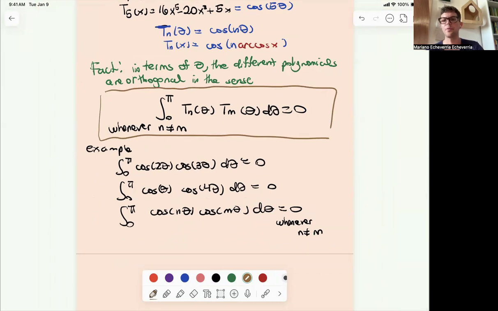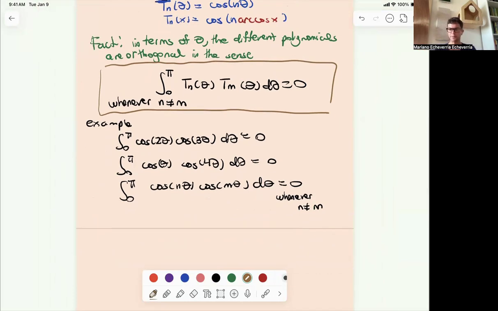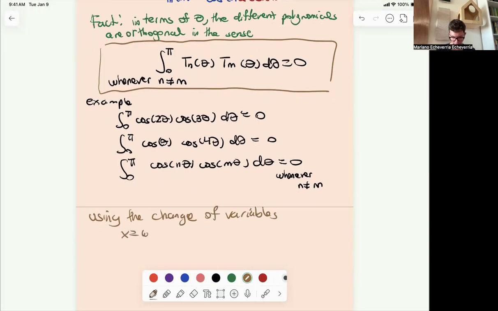And the reason why that's useful is that I'm saying these integrals are 0 in terms of theta, and if you do a change of variables, which is just like a Calc 1 change of variables, which is kind of what I was trying to do at the end of yesterday's class, using a u-sub, so that x equals cosine of theta.